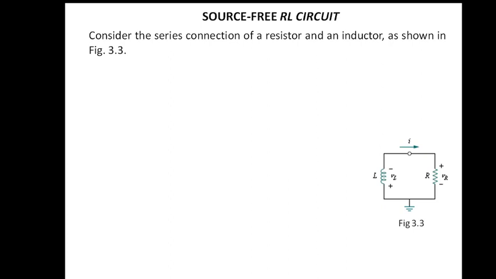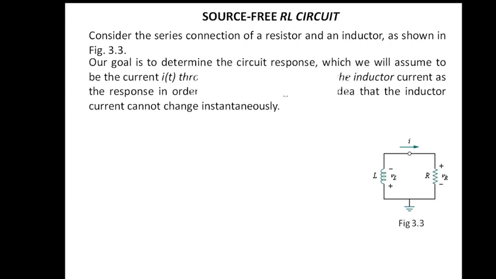Why are we taking only the inductor current? You can take any, because both currents are the same here. Why inductor current? For a simple reason: an inductor does not allow sudden changes in the current. Our goal is to determine the circuit response, which we assume to be the current i of t through the inductor.